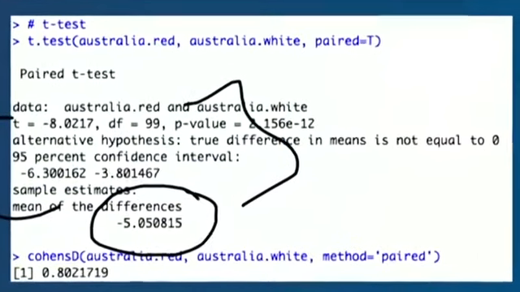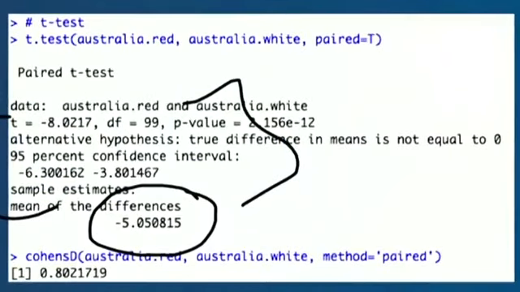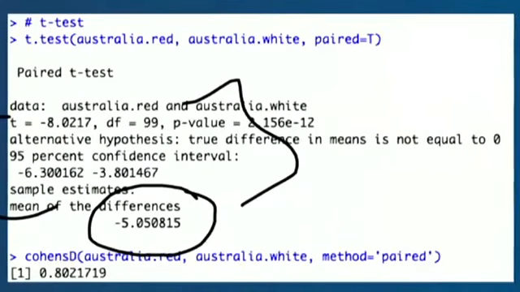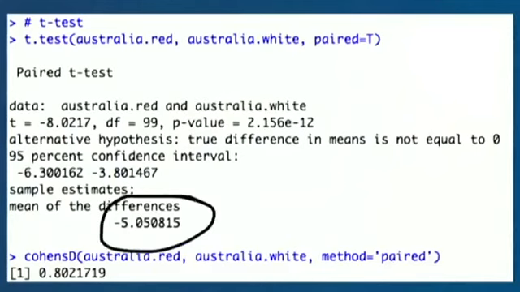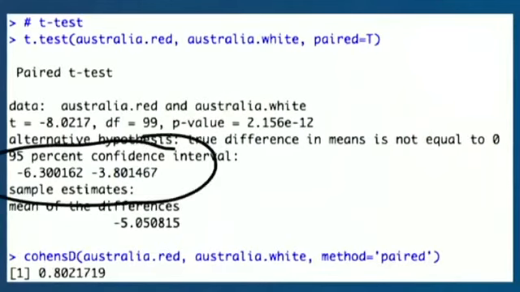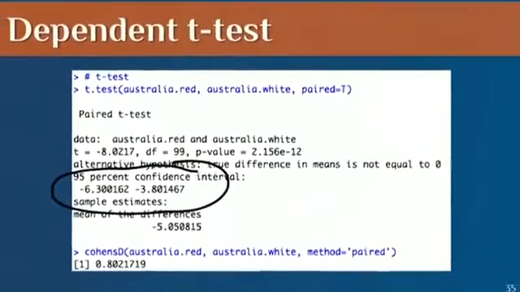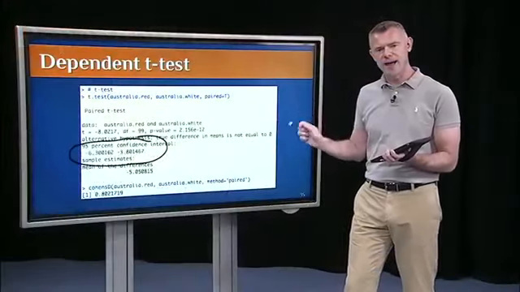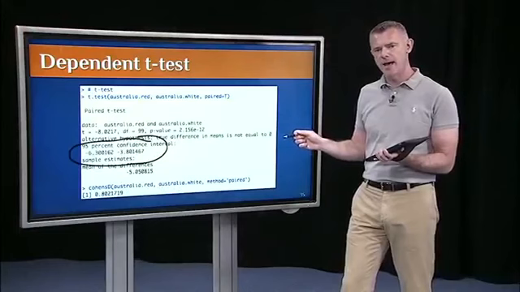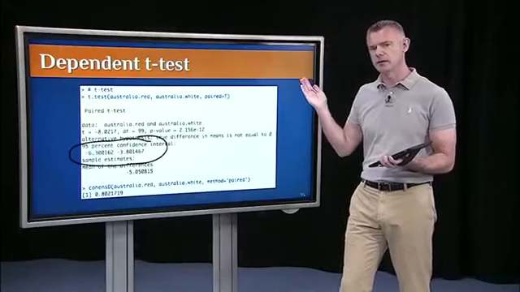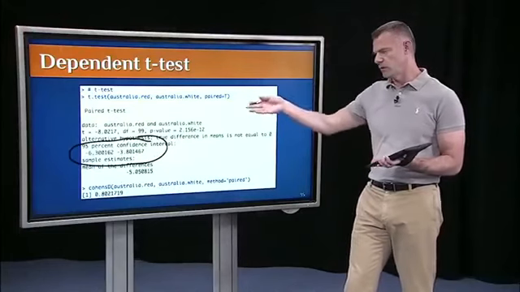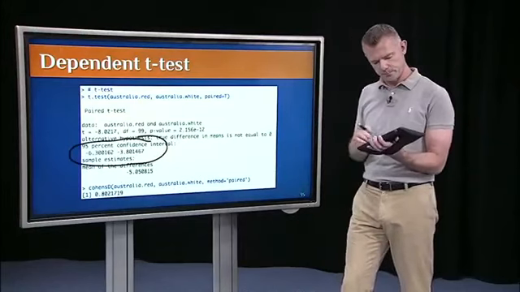It's a difference of about 5 points. And the interval is from about 3.8 to 6.3. So again, this is our point estimate. This is our interval estimate. What's important about that interval estimate is it does not include 0. That tells you that it's going to be significant in terms of null hypothesis significance testing.